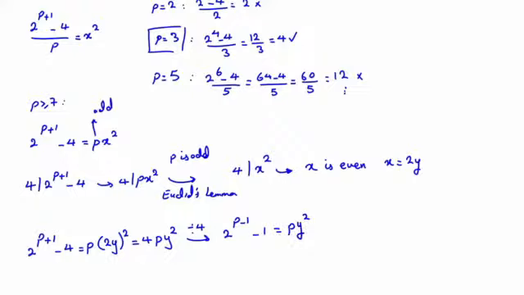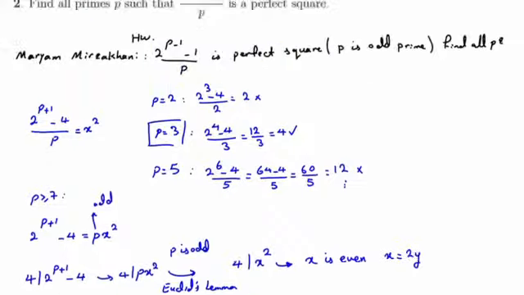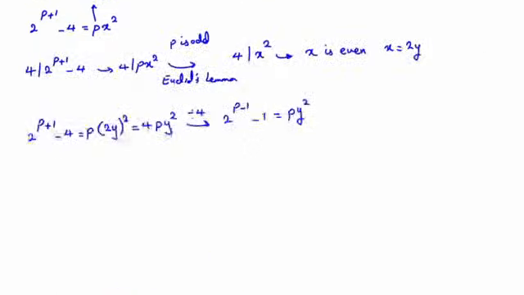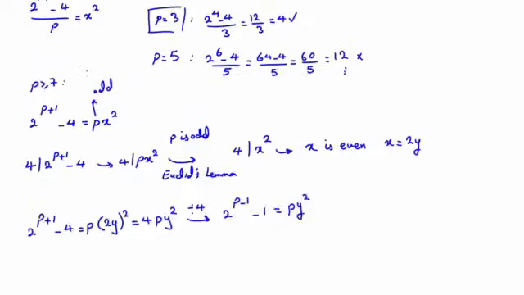From here, it will be exactly the same as the previous problem, (2^(p-1) - 1)/p. Because p is odd, p minus 1 is even, so we can factorize the left hand side: (2^((p-1)/2) - 1)(2^((p-1)/2) + 1) = py^2.